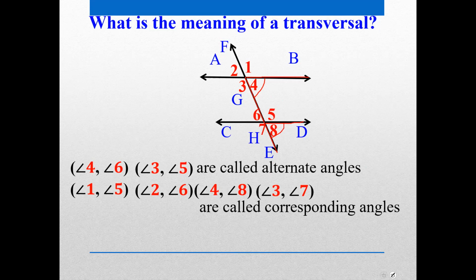And also we have other corresponding angles, angle 3 and angle 7, also the letter F. So the corresponding angles are: angle 1 and angle 5, angle 4 and angle 8, angle 2 and angle 6, angle 3 and angle 7.